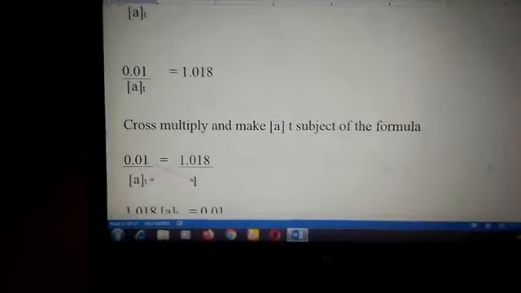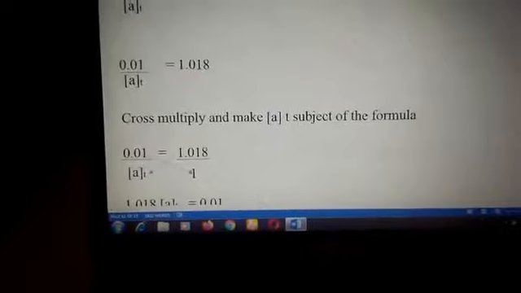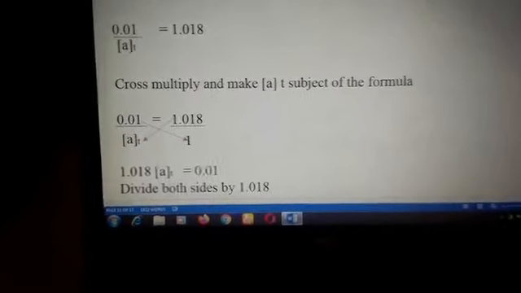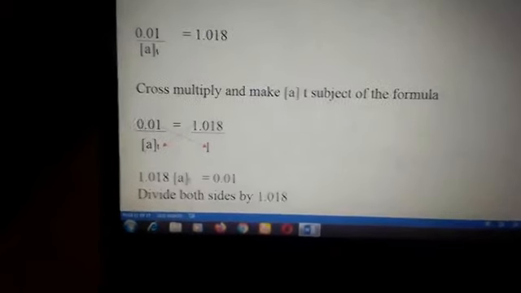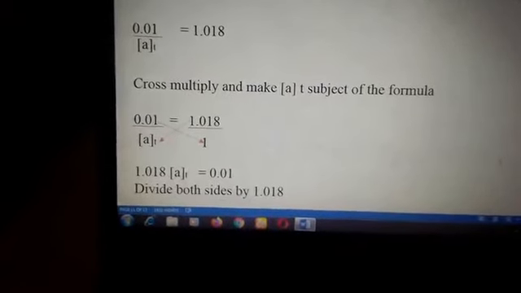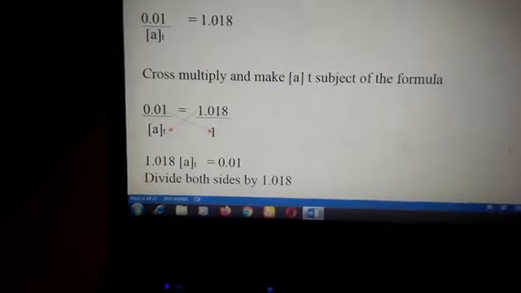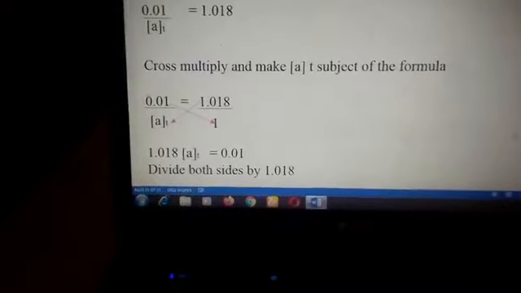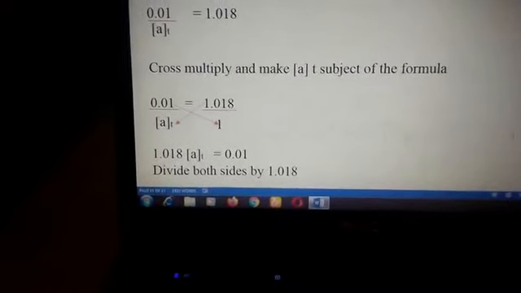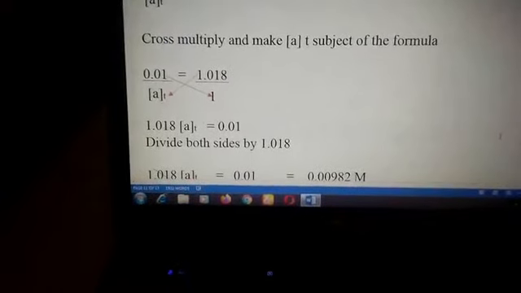Then cross multiply, so that we can make A_T the subject. How do we cross multiply? We give the right hand side a denominator, so what should be under the right hand side is 1. We have 1.018 all over 1. We now cross multiply. We have 0.01 multiplied by 1 equal to 1.018 multiplied by the concentration of A at time T, that is A_T.